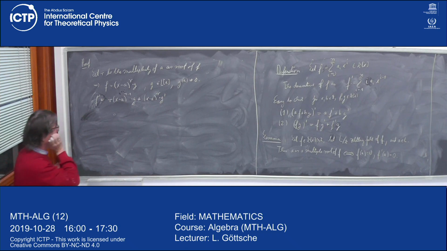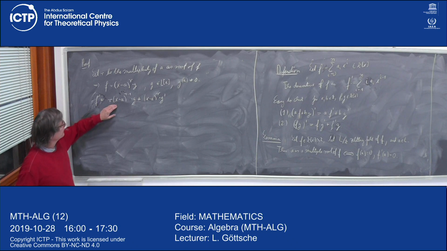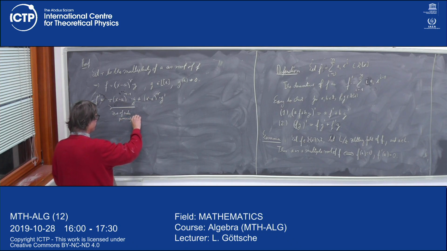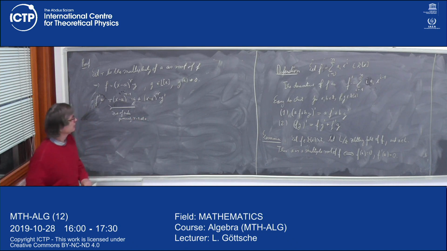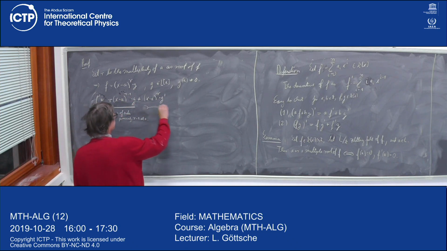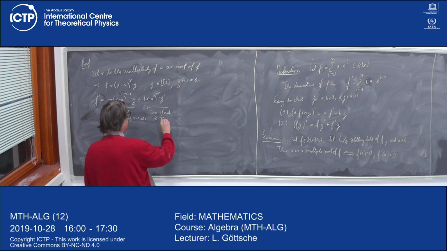You can see that this first term is a zero of order precisely r minus 1 at a, because it's divisible by (x minus a) to the r minus 1, but by no higher power, since g does not vanish at a. The other term has a zero of order bigger or equal to r.